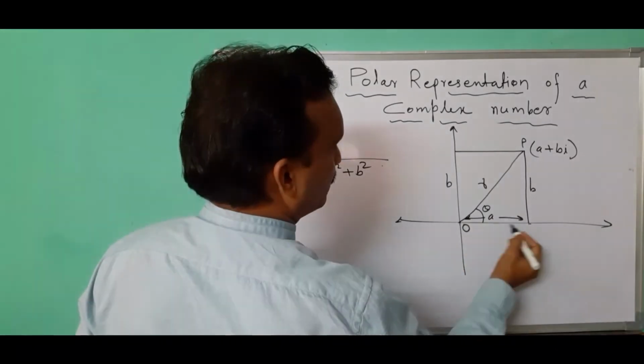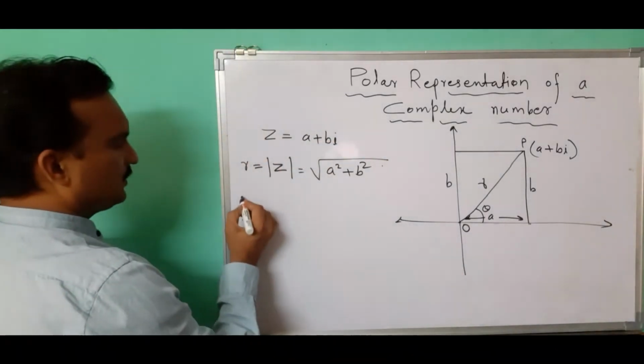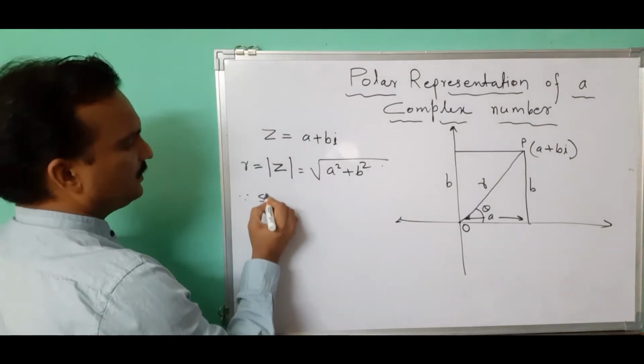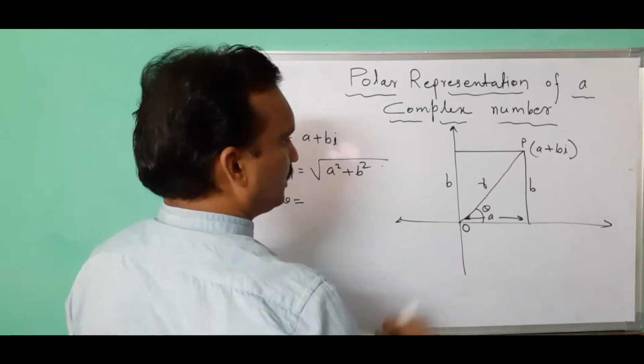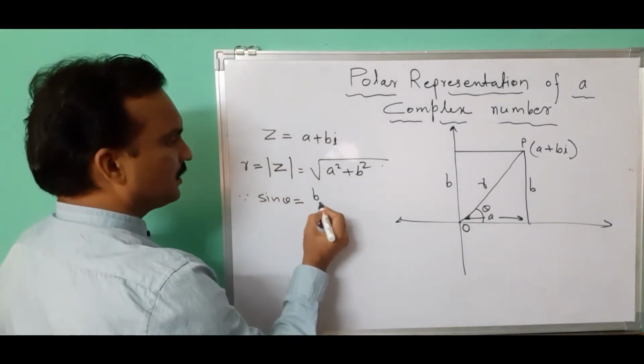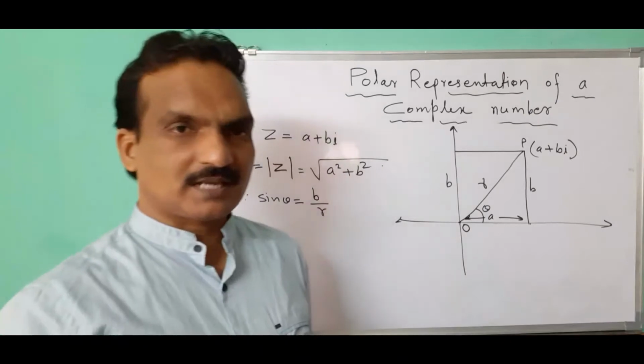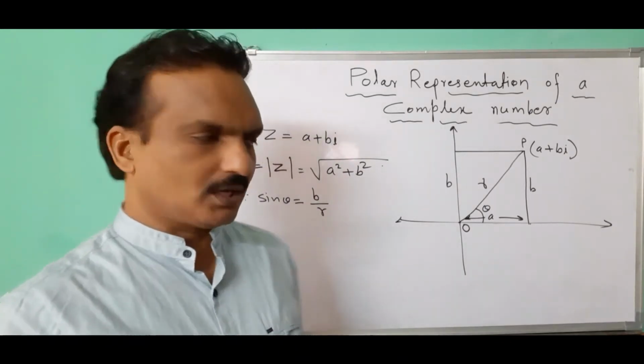From here to here this point is a. Since sine theta is equal to opposite upon hypotenuse, we can write b upon r. Sine theta is equal to b upon r.